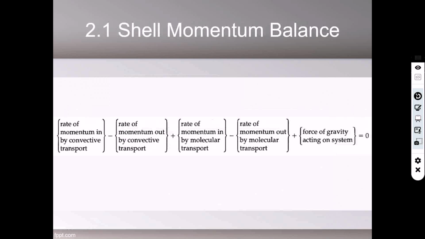If that's the case, then we can do the force balance. In BSL, they call this kind of spatial force balance a shell balance because they take the control volume as a shell. So shell balance is nothing different from the force balance.